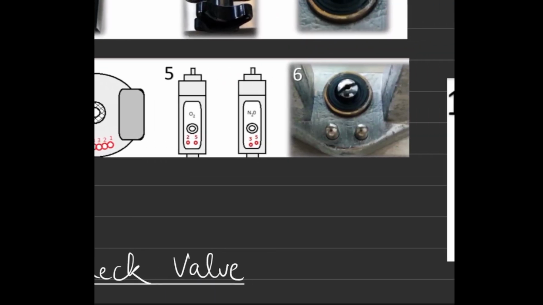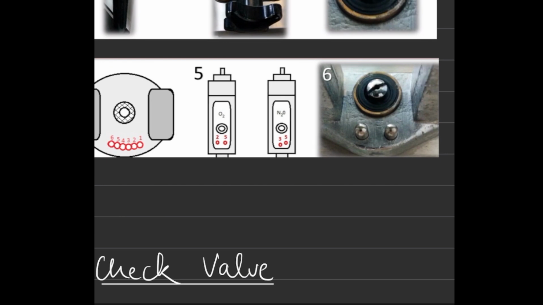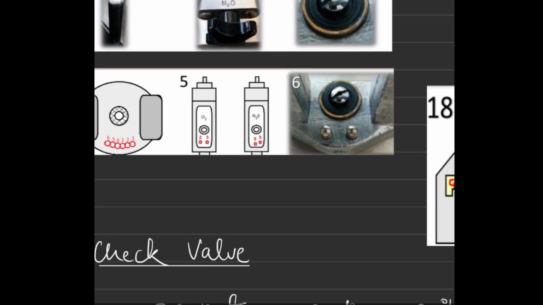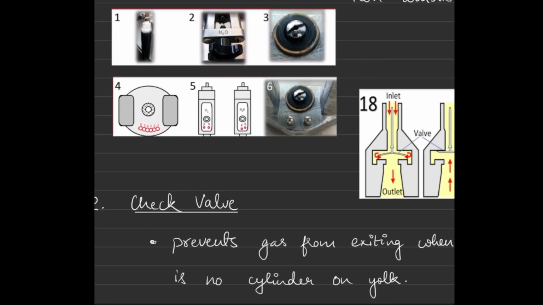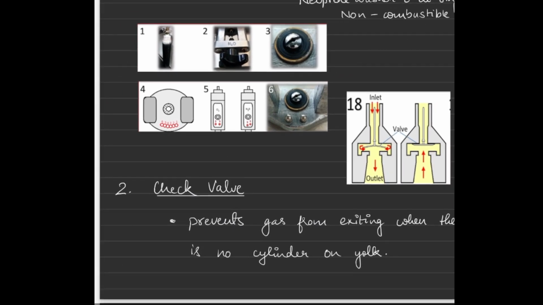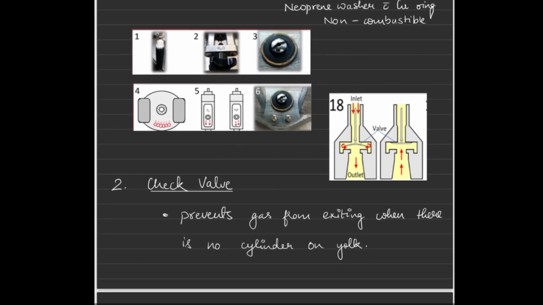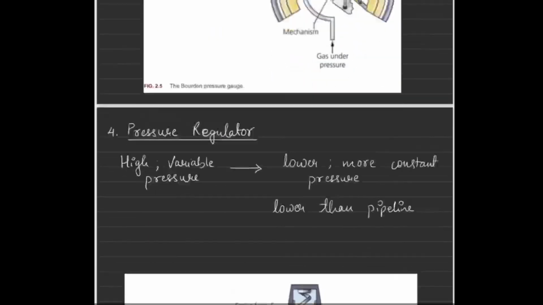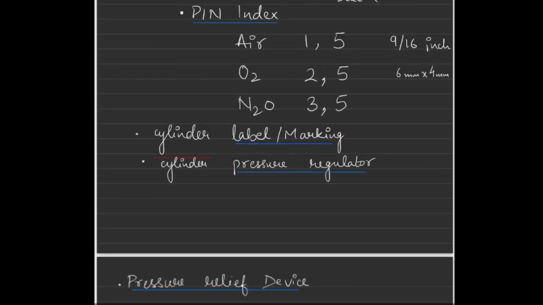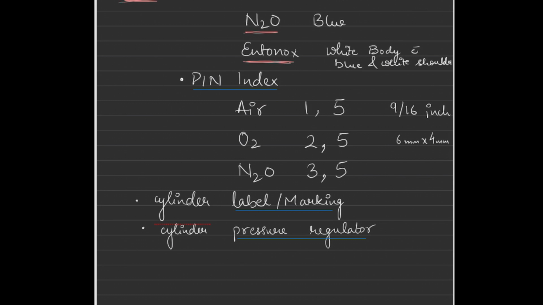You can see 1, 2, 3, 4, 5, 6, and 7 comes in the center. So, pin index. We can remember this as AON 15, 25, 35. Okay. Air, oxygen, nitrous oxide: 15, 25, 35.